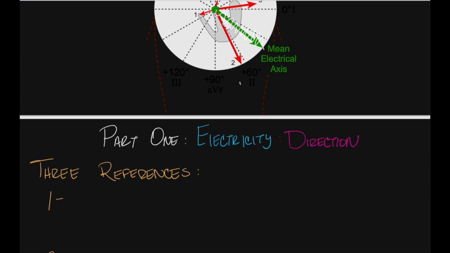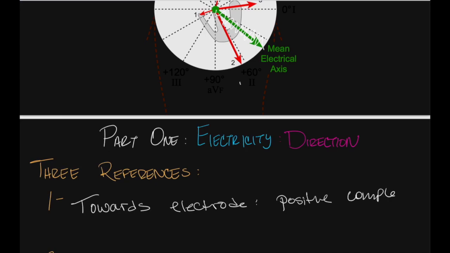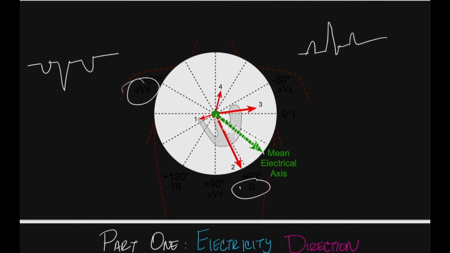And we see that when electricity is moving towards the electrode, we get a positive complex. Just like how lead 2, under normal circumstances, is predominantly positive.